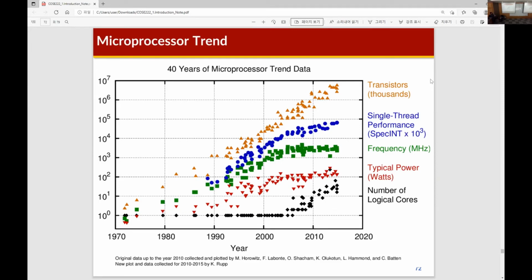But see this trend of the transistors. The orange colored dots represent the number of transistors in a CPU chip. It grows exponentially, so it looks like Moore's law continues recently, but we expect that this trend will saturate in the near future.